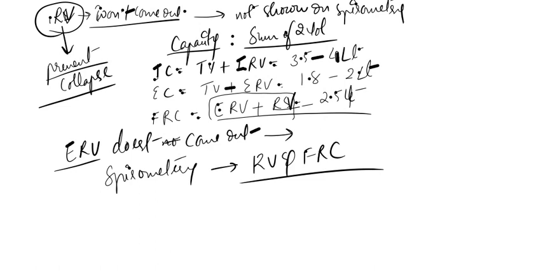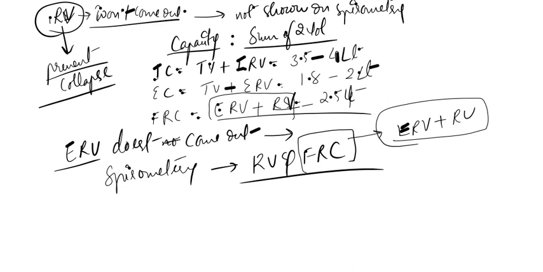If ERV and residual volume don't come out, then FRC cannot be determined, because FRC is equal to the sum of ERV, expiratory reserve volume, plus residual volume. If both of these don't come out, then obviously FRC also will not come out.